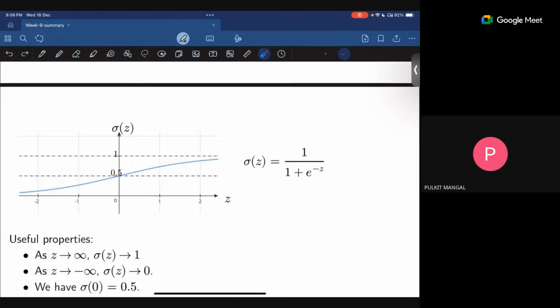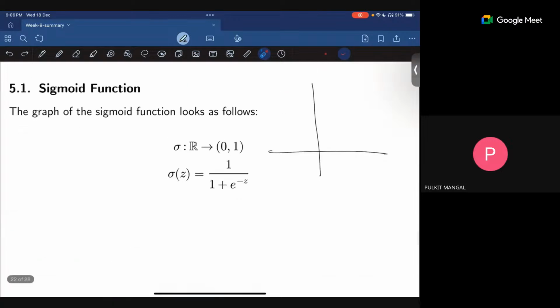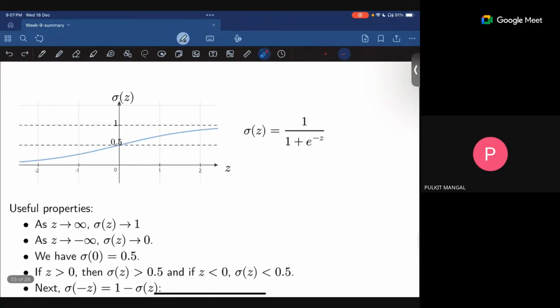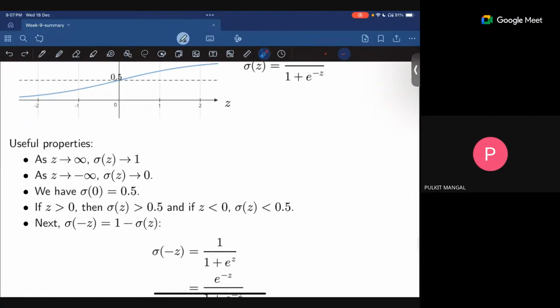It will be an asymptote to the x-axis here and the line 1 here. It will not touch 0 and 1; it will be between 0 and 1 only. And the way you define the sigmoid function for a number is sigma of z equal to 1 upon 1 plus e power minus z.